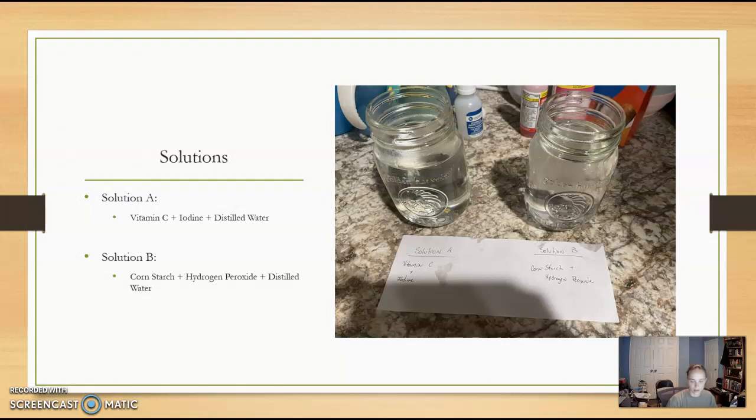The iodine ultimately goes into the solution as a color but interacts with the vitamin C to make it colorless.